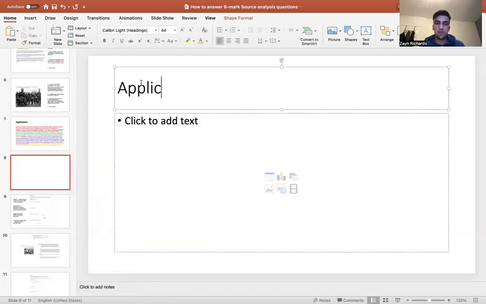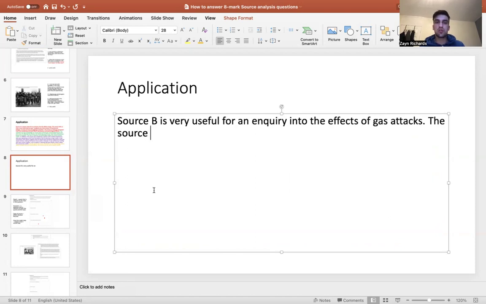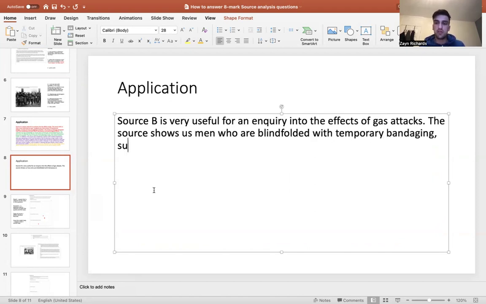So I then say source B is very useful. I didn't say source B on the other hand is very useful. I said source B is very useful for an inquiry into the effects of gas attacks. The source shows us men who are blindfolded with temporary bandaging, suggesting that gas has affected their eyesight.